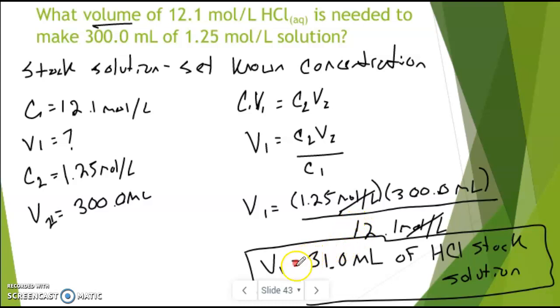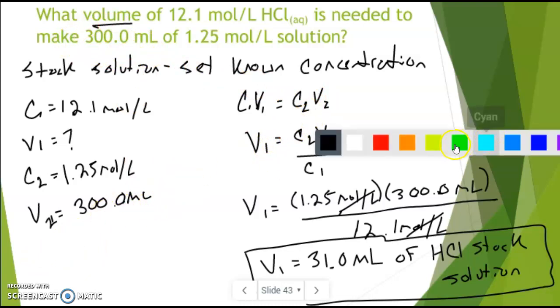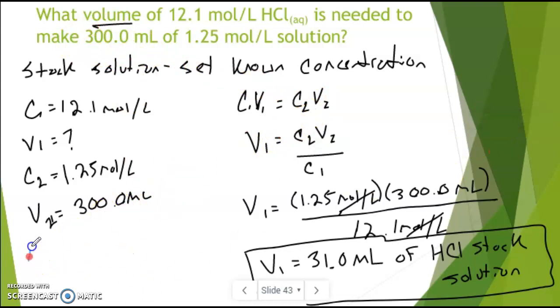One other thing that can be asked of you, and this is where you've got to pay attention: instead of asking what volume of this, they can ask how much water you need to add to get to this. That could be another sneaky thing asked in these questions. If it asks how much water was added, you would do our delta V, our change in volume, which is V2 minus V1.